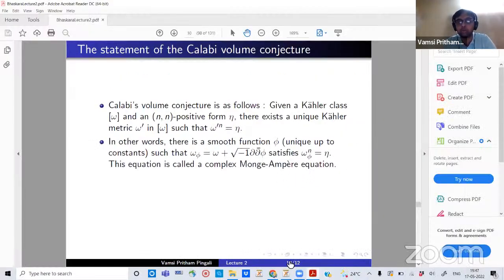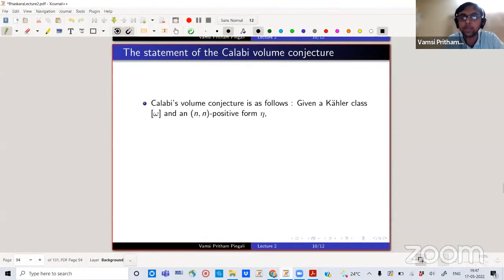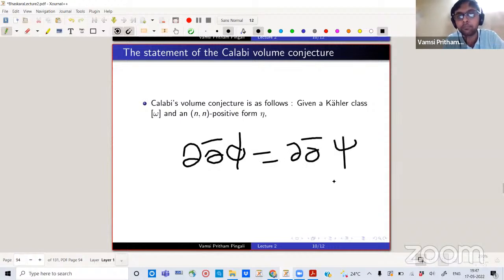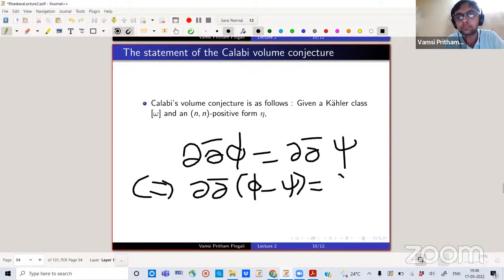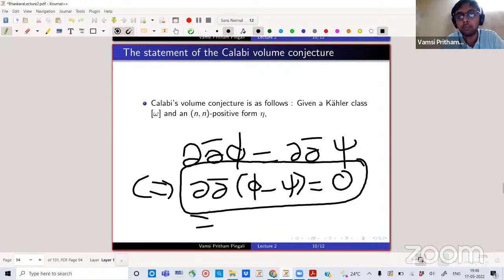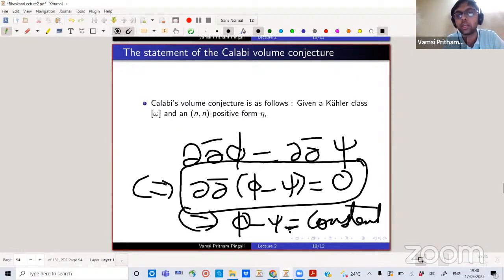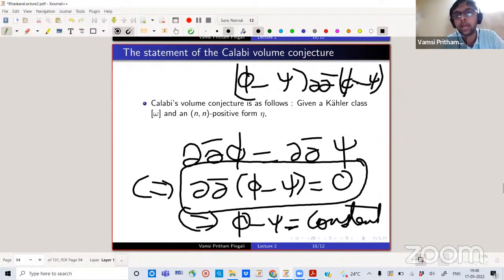Let me actually write this down. What does uniqueness entail? It means that del bar phi equals del bar c. That is, del bar of phi minus c is 0. But this implies phi minus c is a constant. Why does this imply it's a constant? The fastest way to see this is to multiply by phi minus c and by omega raised to n minus 1 and integrate this.